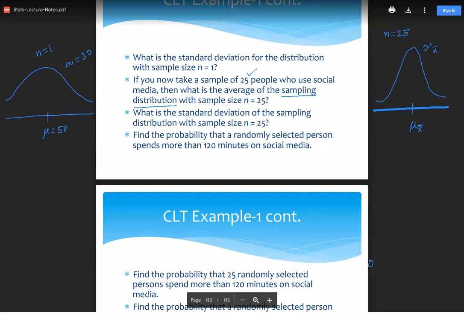What do you say? Any comment on this? Why is it bell-shaped, the sampling distribution, even though the sample size is less than 30? Honestly, Professor, I'm not sure. Okay. Anybody else? Ashley Miranda?